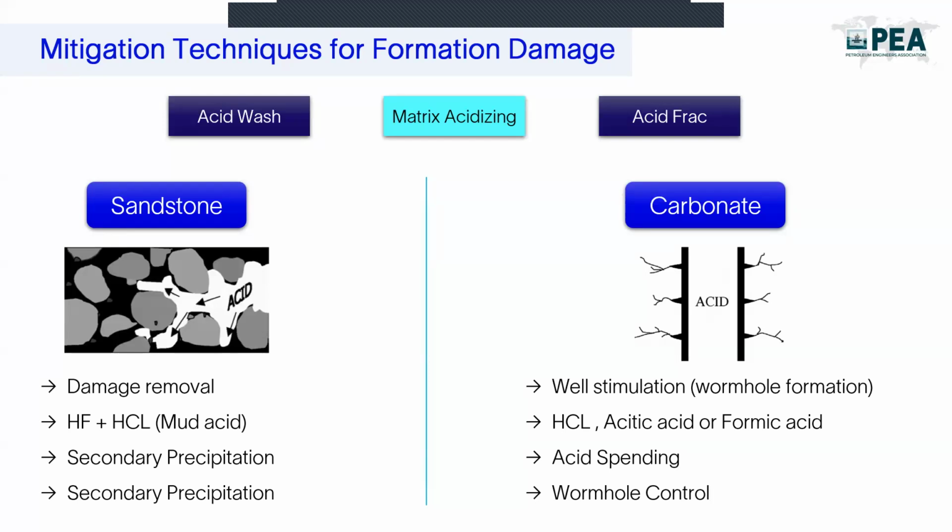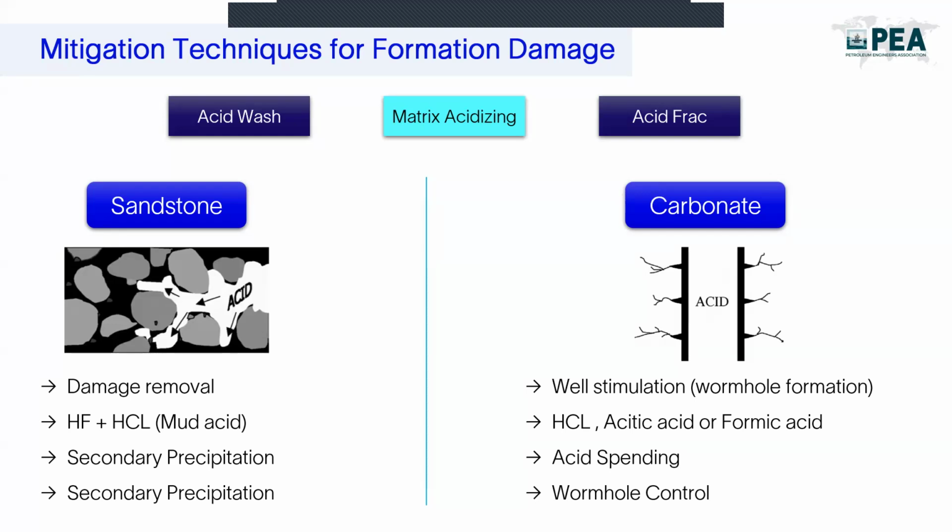So the process of matrix acidizing, I will talk about briefly. We have a pre-flush, in which we inject HCl, and the HCl dissolves any carbonate minerals in the sandstone, cleaning up the way for the hydrofluoric acid to react more effectively with the silica minerals.